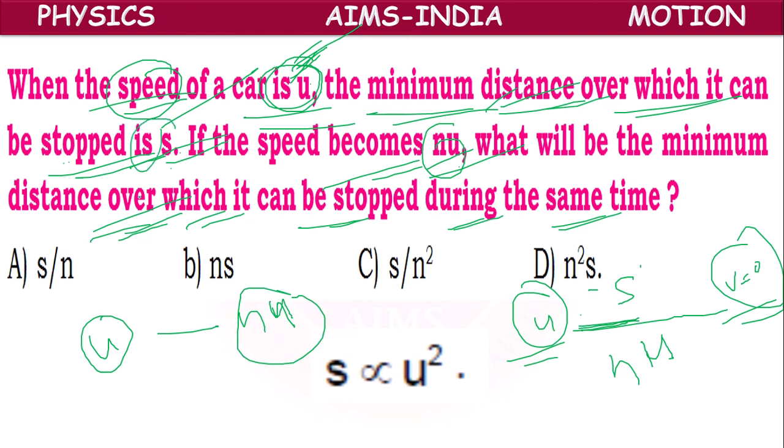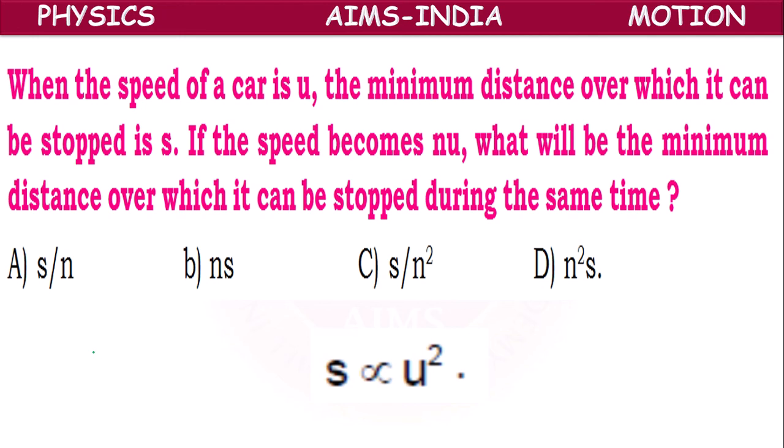If the distance is s, this s is directly proportional to the square of u, meaning displacement is directly proportional to the square of initial velocity. Means if speed increases by n, then displacement is increased by n square.